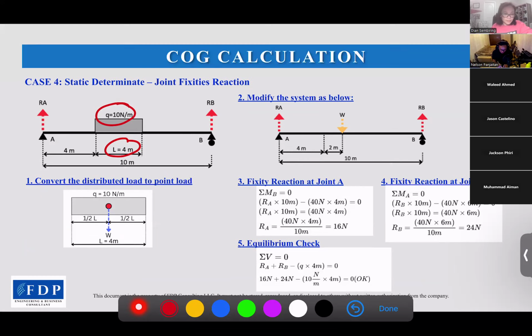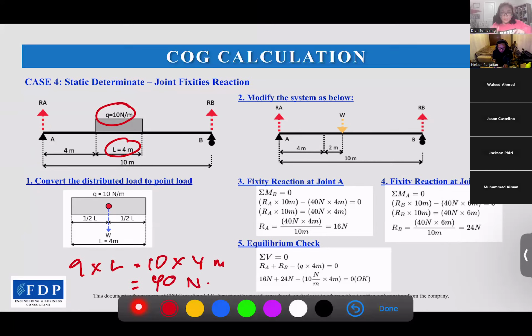So the total load is Q times the total length. So Q times L. It will be 10 times 4 meters. So the total point load that can be used is 40 Newton.